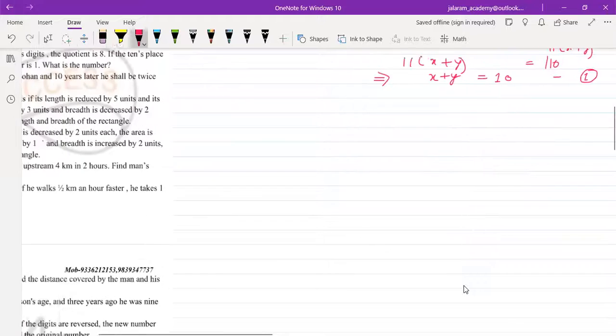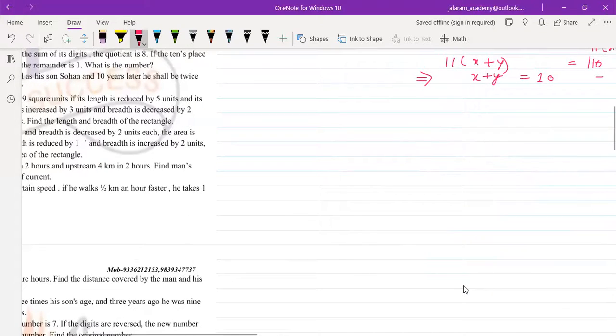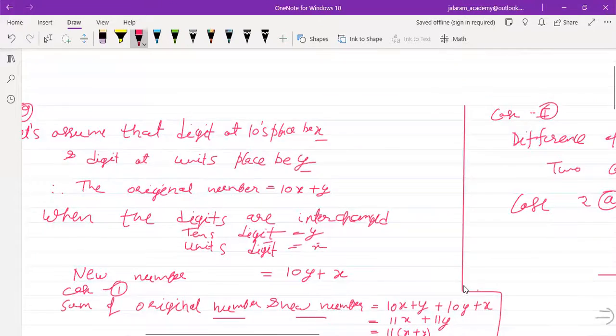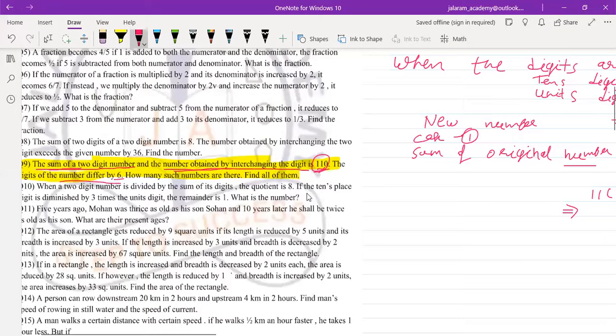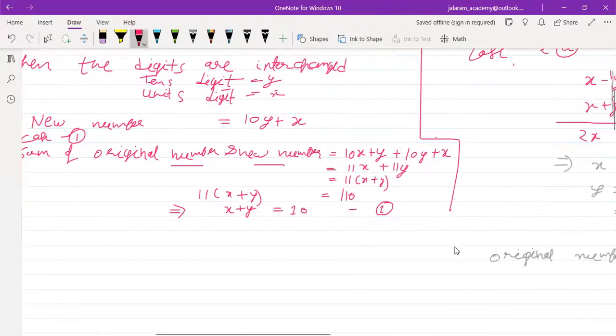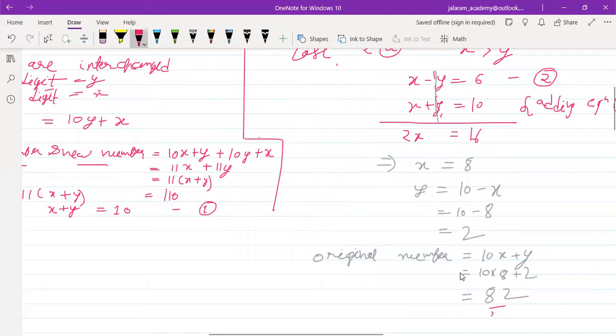So this is the method of solving the questions involving two-digit numbers. And if a difference is given, always take two conditions. Both conditions given in the question must be satisfied. The first condition is the sum of the two-digit number and the number obtained by interchanging the digits. If we take the first case, 82 is the answer, 82 plus 28 is 110, and their difference is 6.